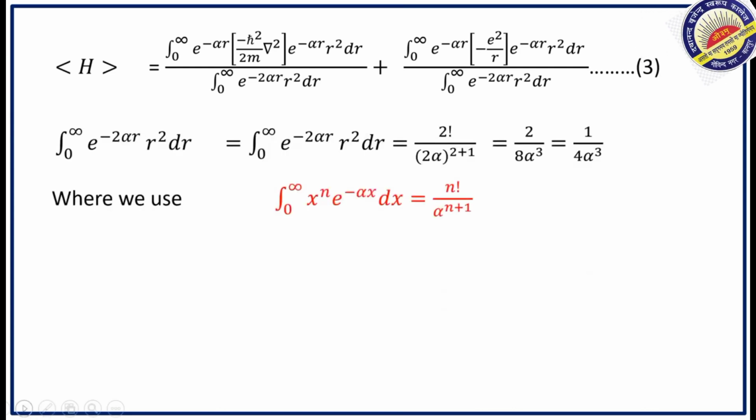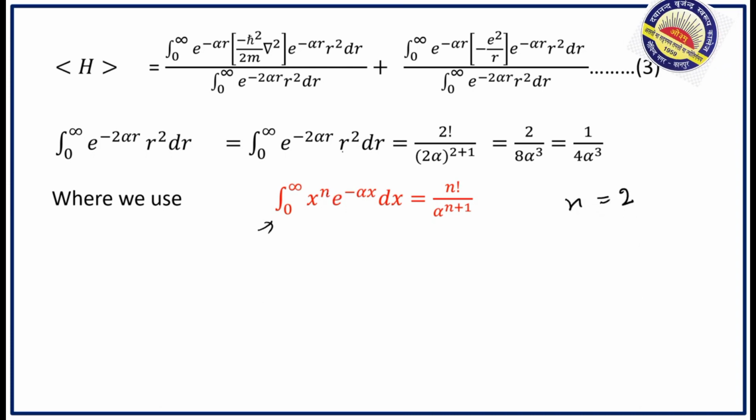Now solve the denominator, e to the power minus 2 alpha r, r squared dr, using the beta gamma function. Integral from 0 to infinity of x to the power n, here r squared, means x is equal to r and n is equal to 2, with e to the power minus 2 alpha r compared to e to the power minus alpha x.